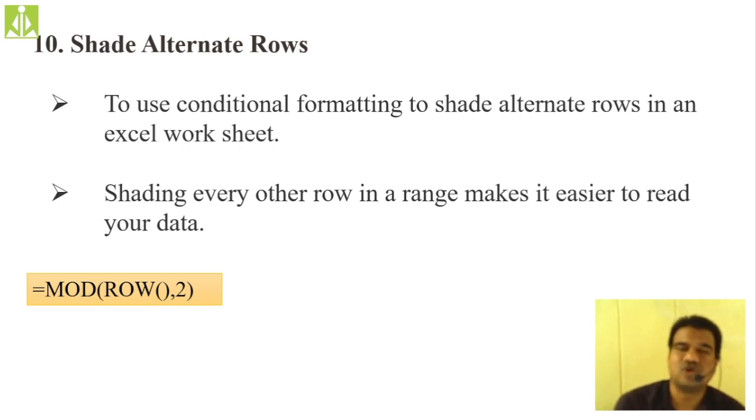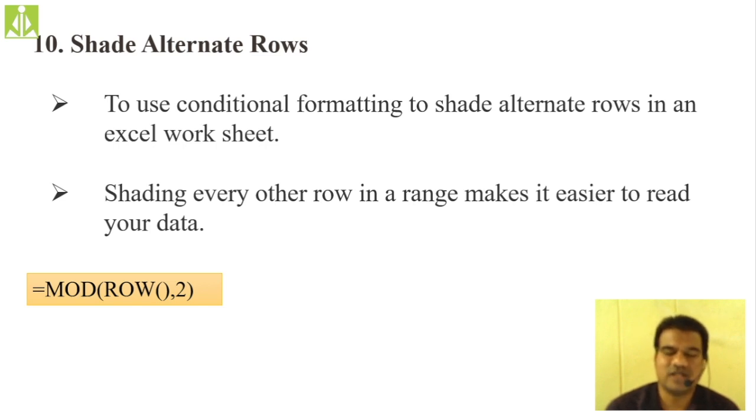Because if you put all the cells without any color, the data will look clumsy and problematic to the reader. He will find difficulty in analyzing the rows and columns if you put the entire data on a single sheet in the same color.